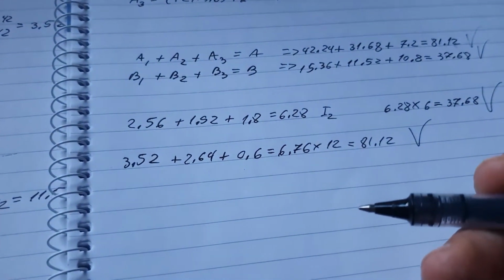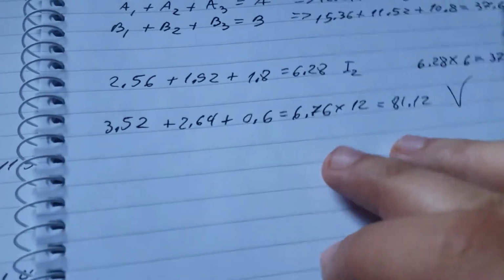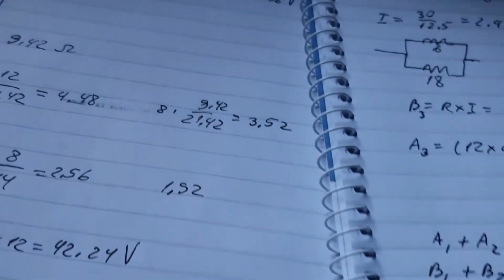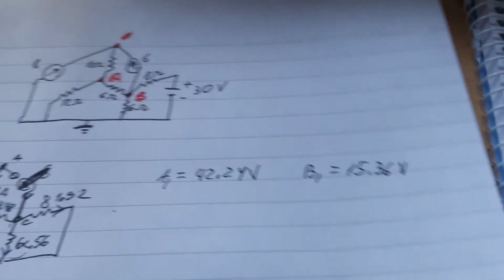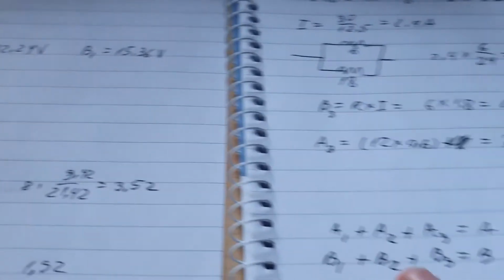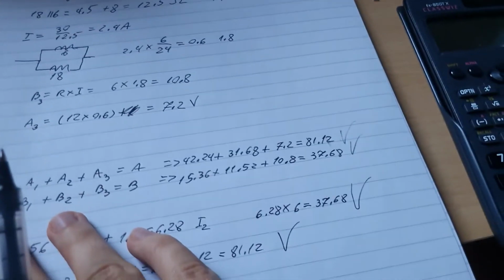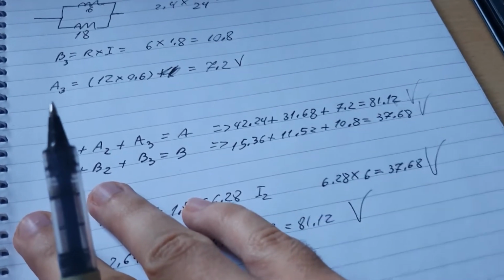Because if you get a different value, that means it's wrong. Anyway, that was example 2. I think I'll do one more short example, so it's like 3 examples like usual, and that will be the video.